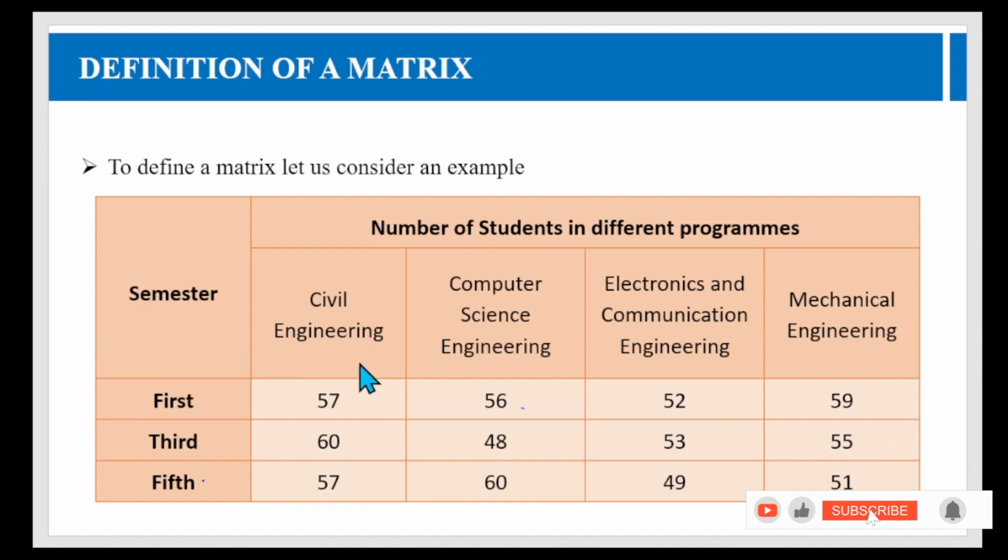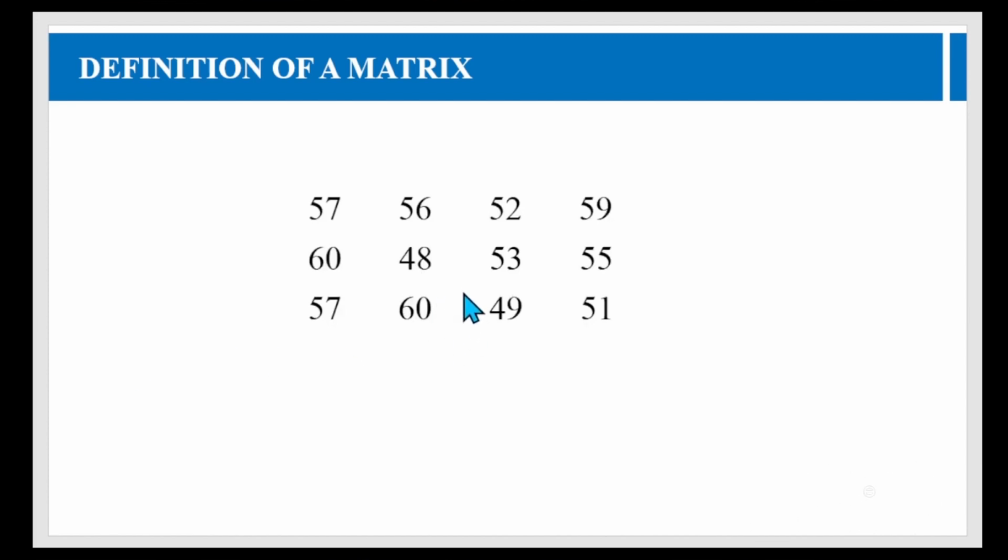This table gives the information about the number of students studying in different programs in all semesters in a particular college. Now, this information can be shortly written like this, that is in a vertical and horizontal arrangement. This is the horizontal arrangement and this is the vertical arrangement.